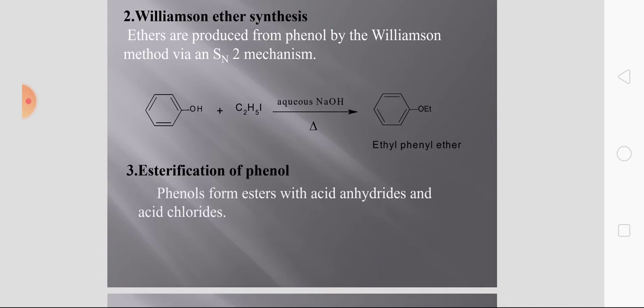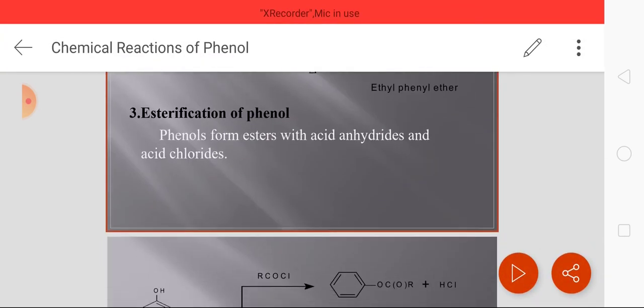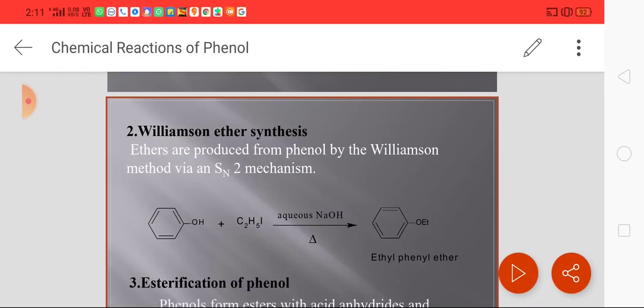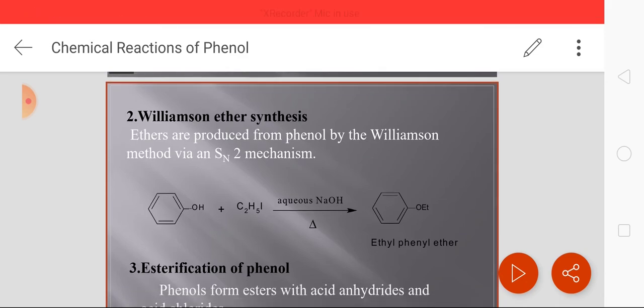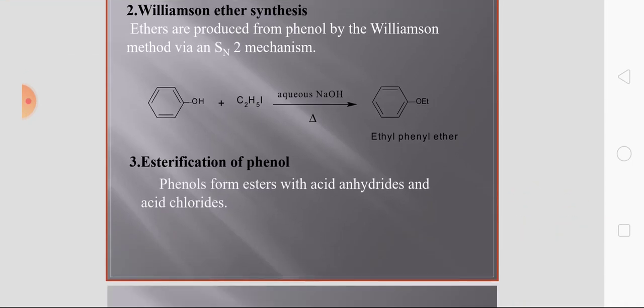In phenol, the O-H bond is broken and the nucleophile reacts with C2H5X, and ethyl phenyl ether is formed. This is Williamson ether synthesis.